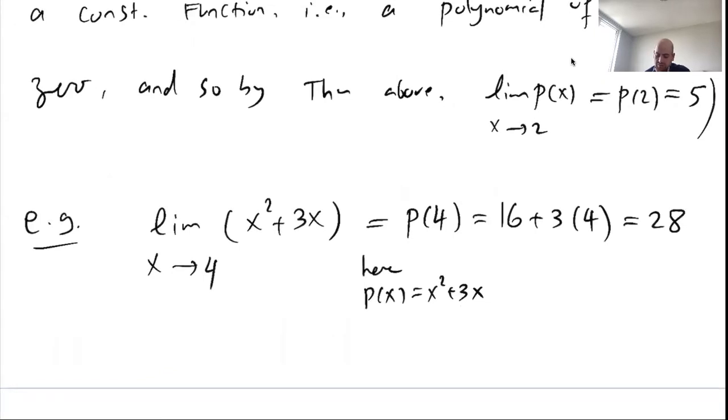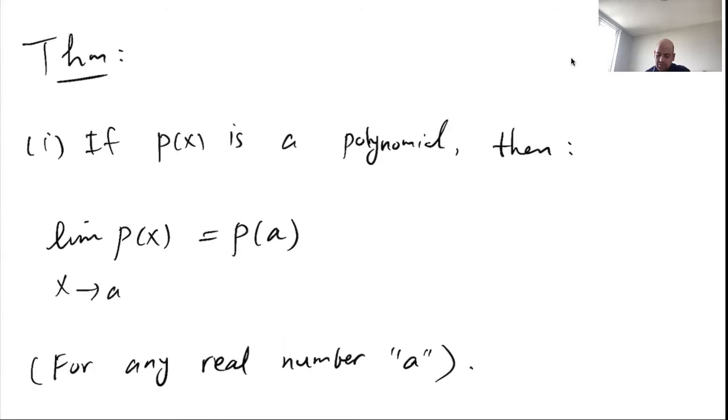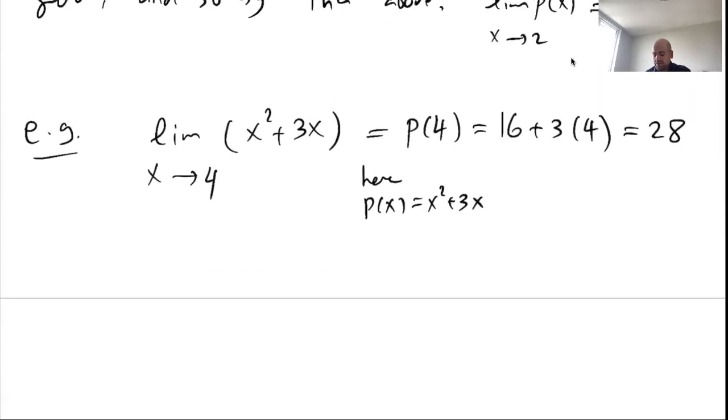This is because the theorem allows us to replace x with a to calculate the limit of P of x. So by this theorem, we calculate the limit and it turns out to be 28. But if you want to calculate the limit without using this theorem, you can replace x with, for example, 4.1, look at the output, then 4.01, 4.001, and so on, look at the outputs.